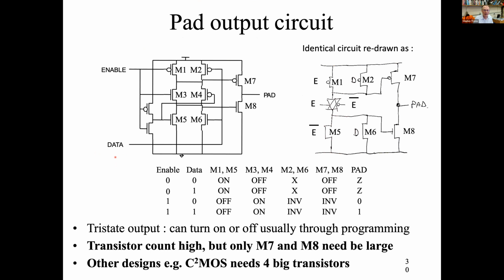So we can either have it as a high impedance, or we can have it as an output or as an input. And so we've got the world of the VLSI chip, which we've been talking about at this end, and the pad here, which goes to the outside world at the other end.